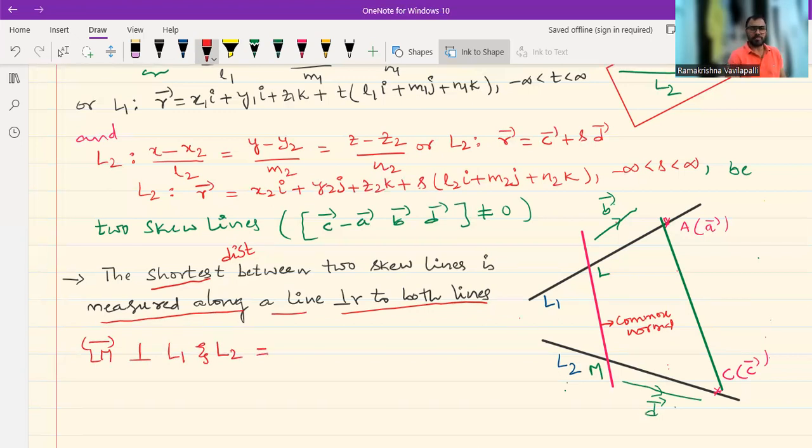This implies LM is perpendicular to L1, which is parallel to vector b bar. Therefore, it is perpendicular to both b bar and d bar. Now what is the vector perpendicular to both b bar and d bar?